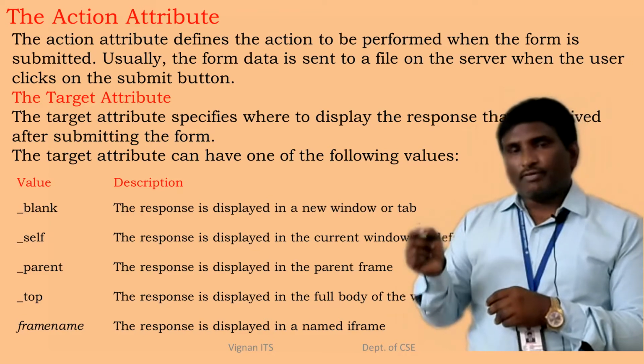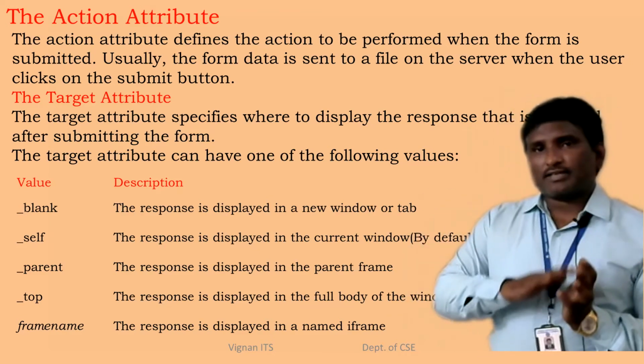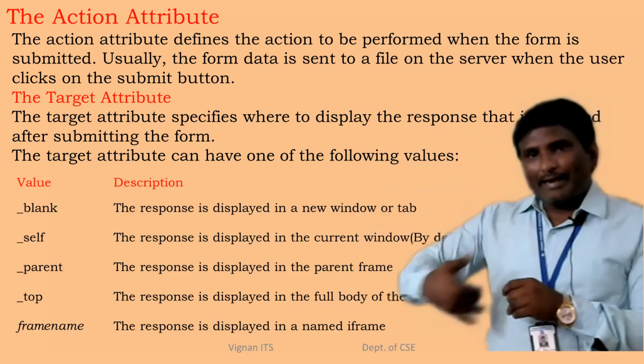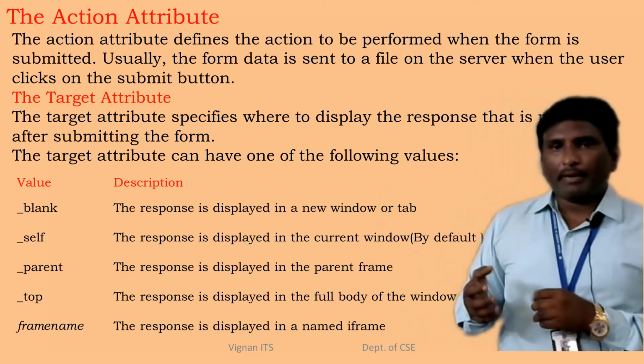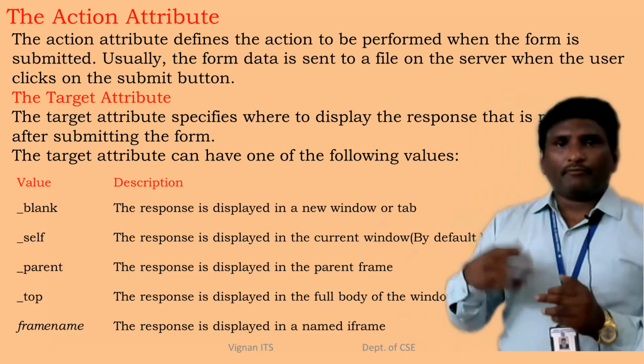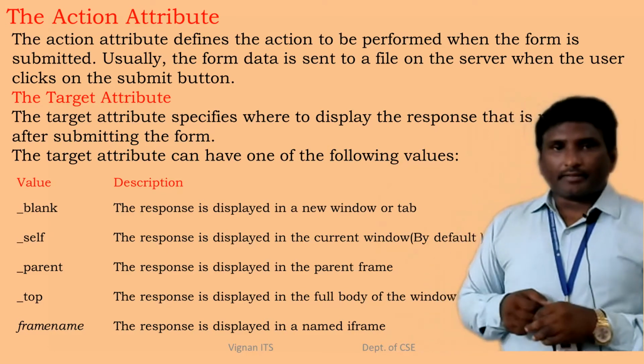So if the target value is underscore blank, the form action will be performed in a new window. If it is underscore self, it displays in the current window itself. By default the value is underscore self, whether or not it is specified for the target.